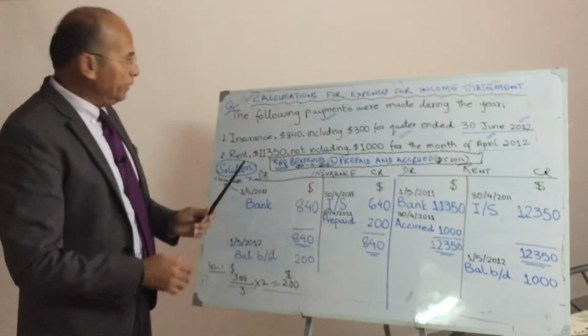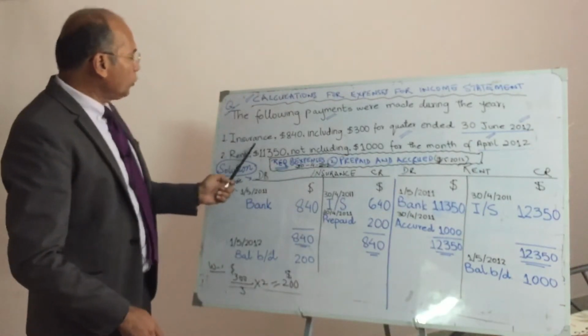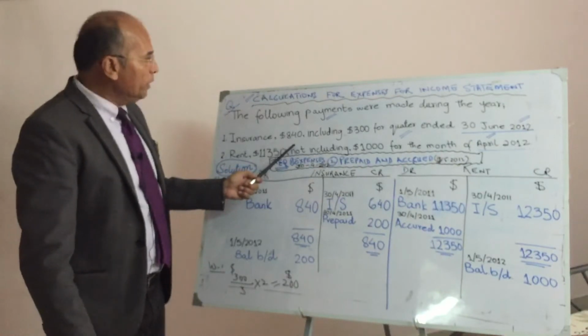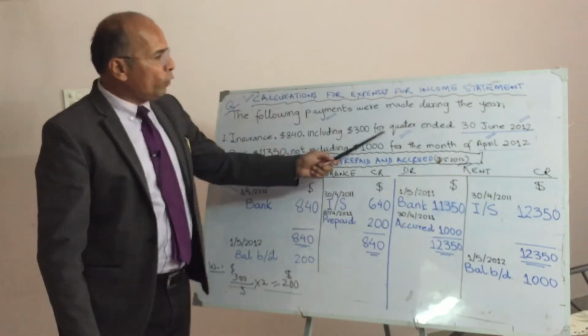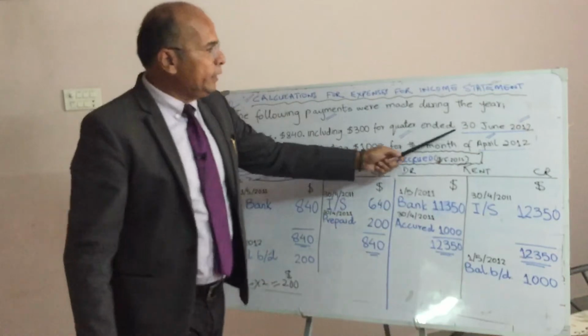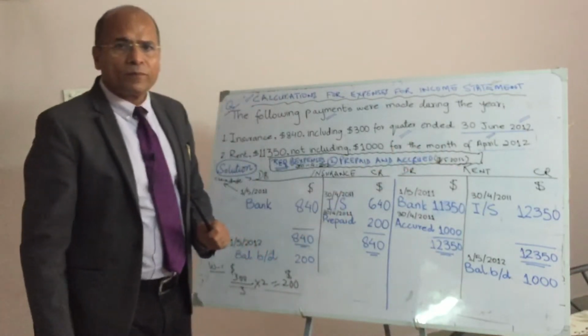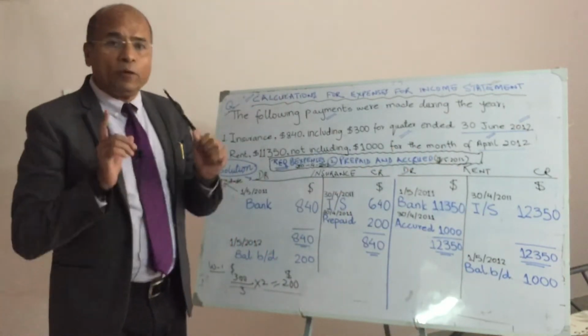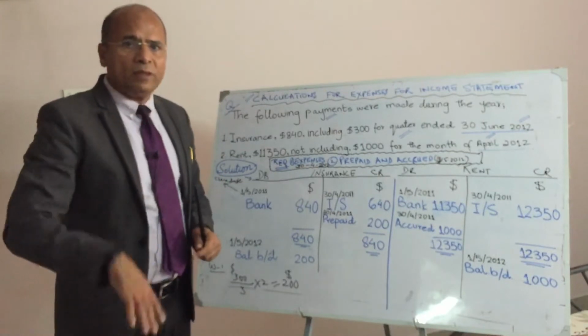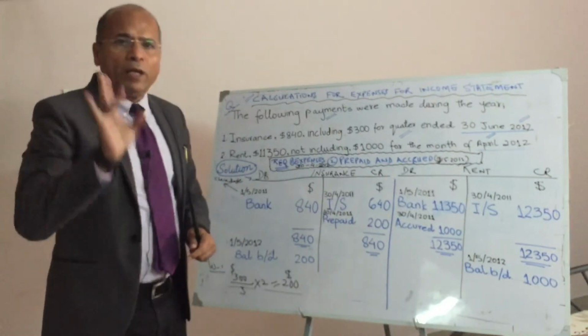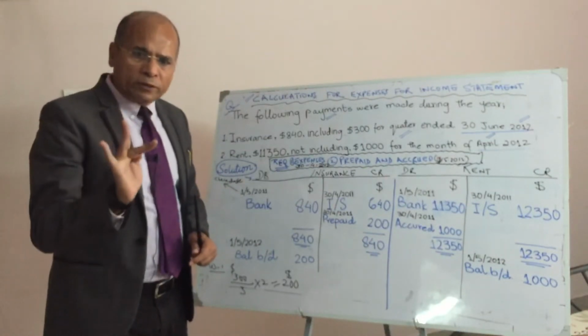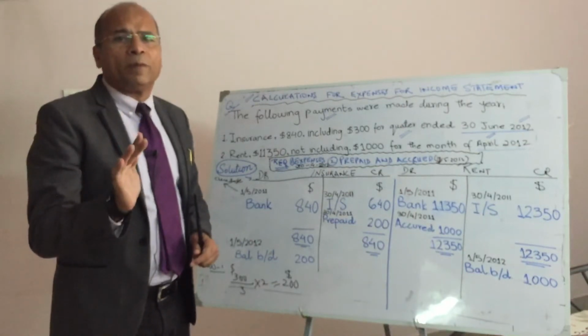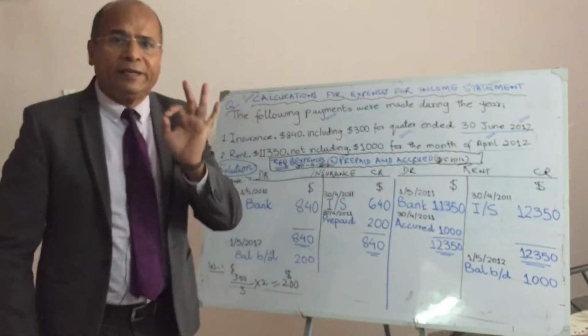But here, during the year insurance was paid 840, including 300 for the quarter ending 30th June 2012. Now we should remember that in 1 year we have 4 quarters: January, February, March, April, May, June, July, August, September, October, November, December, if we are using a calendar year.